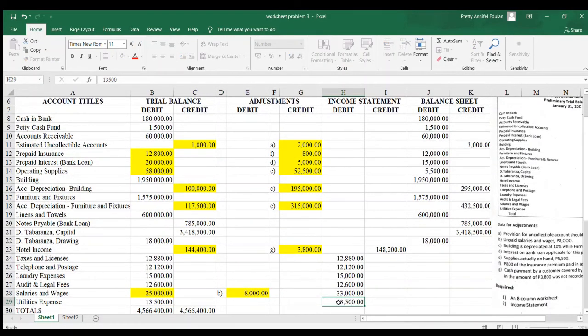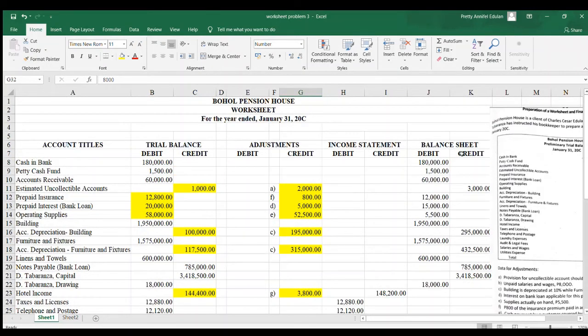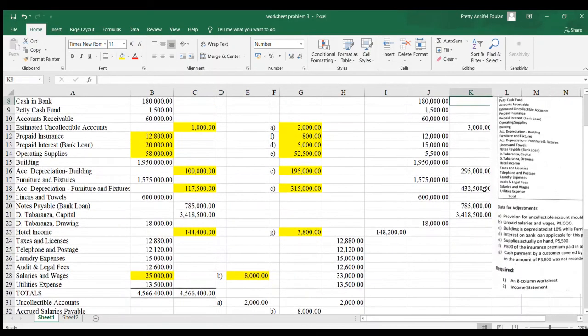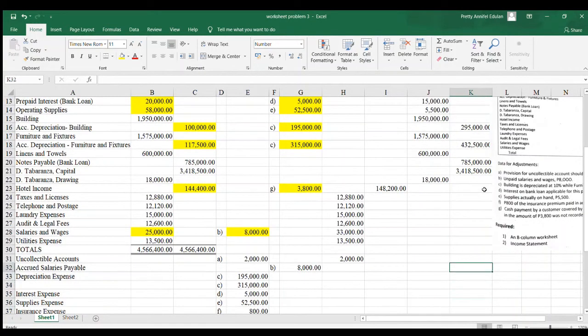Then 13.5, simply copy. Here, this is what I said in the previous example, where you need to analyze, so it does not simply follow the same side. Uncollectible accounts is an expense account, debit. But accrued salaries payable is a liability account. So let's see. Liability, it should be on the credit side of the balance sheet. So that is 8,000.